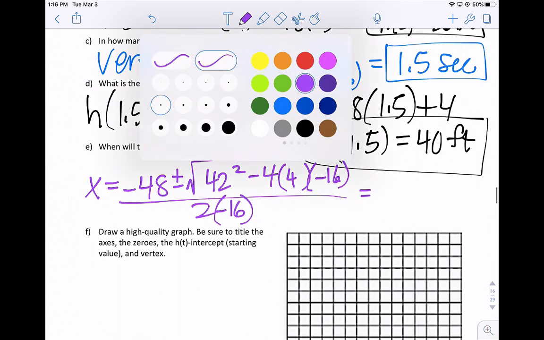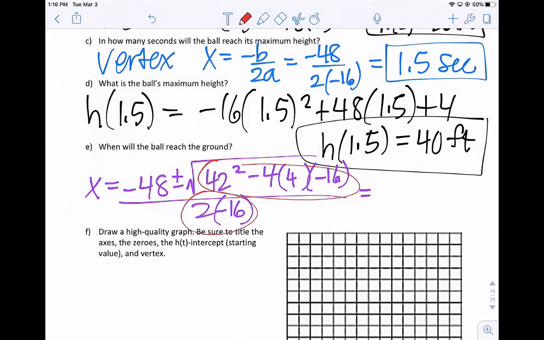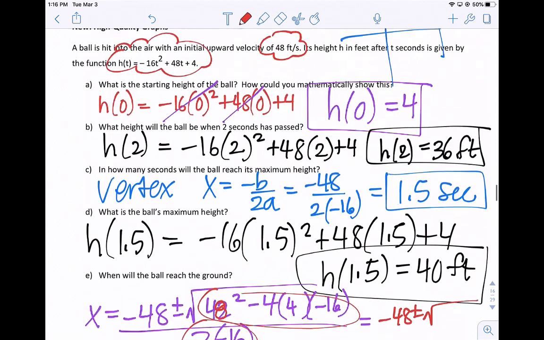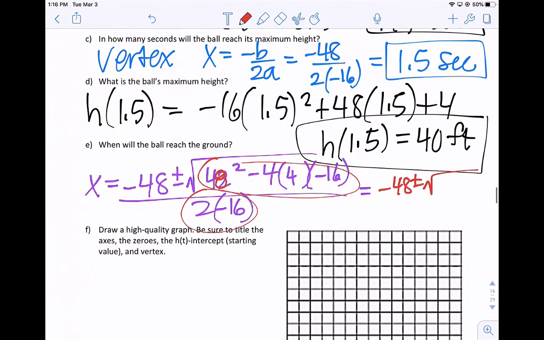All right, so we're going to figure out these parts right here, the discriminant and the bottom, and we'll get negative 48 plus or minus the square root of, I'll type it in, so it should be 48 squared, not 42 squared. 48 squared minus 4 times negative 16 times 4, which is 2560, all over negative 32.